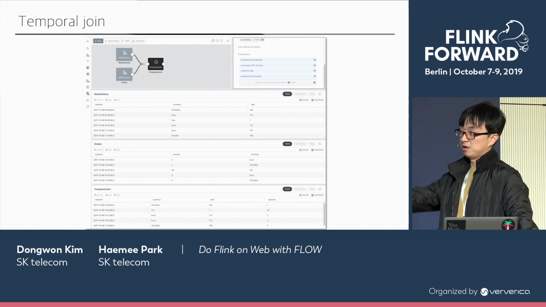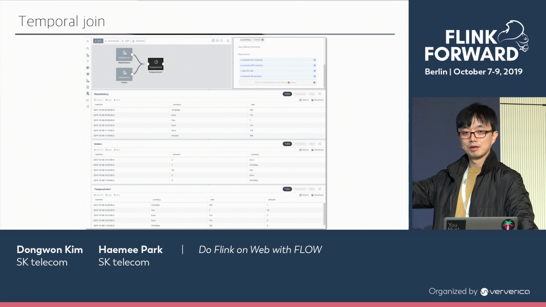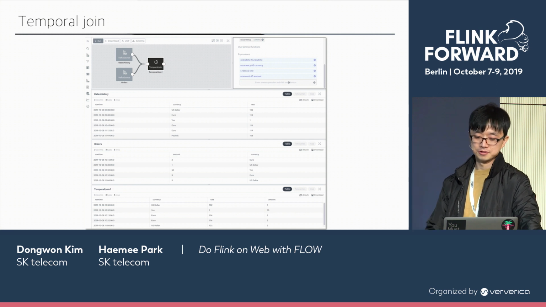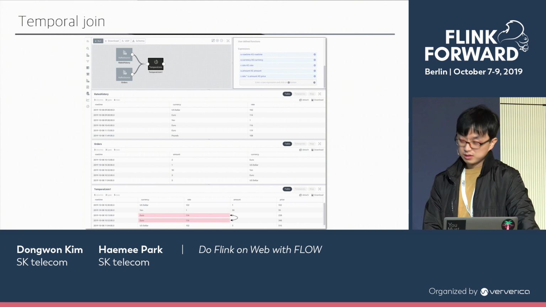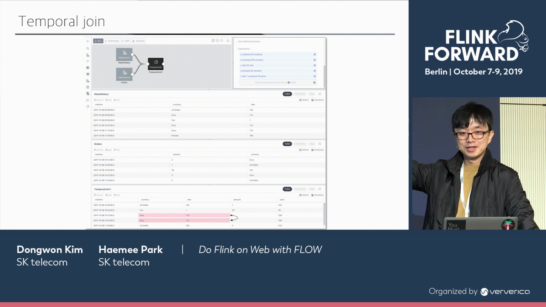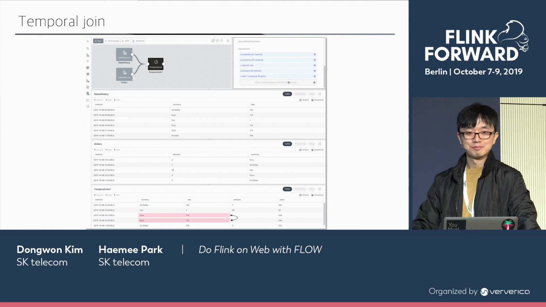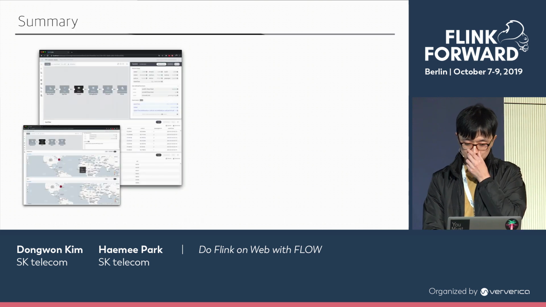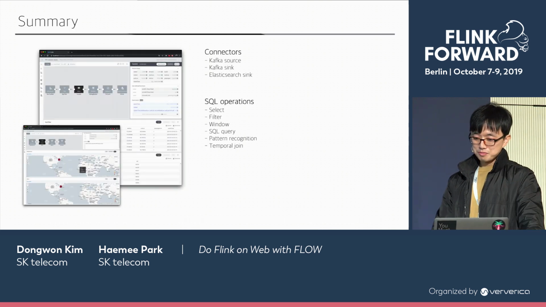And you can see the result columns are dynamically added, and they are all computed from our Flink preview loader. And if you are familiar with temporal join, you can see that euro rate is changed there because they are all computed by Flink.